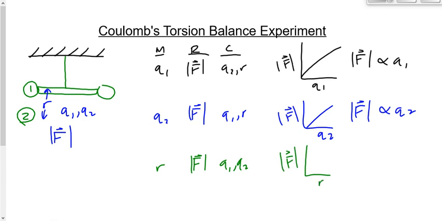This one looks something like this, which on the surface could be a 1 over R or a 1 over R squared relationship, but with a little bit more analysis that you'll do tomorrow in your activity, you would find that this relationship would be a 1 over R squared relationship. So Coulomb takes these 3 relationships that he determined and puts them together.